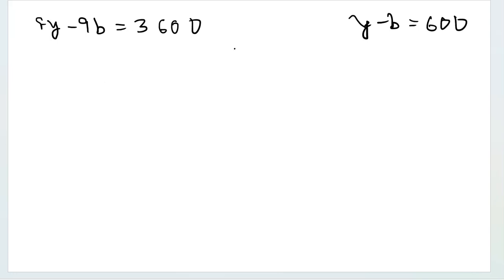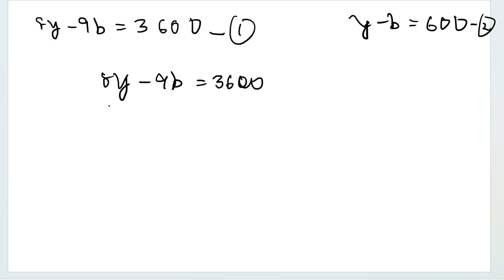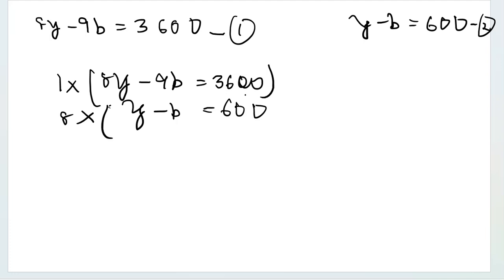Now we solve these two equations, equation 1 and equation 2, by the elimination method. We have 8y minus 9b equal to 3600, and y minus b equal to 600. The top equation we multiply with the coefficient 1. The bottom equation we multiply with the coefficient 8.